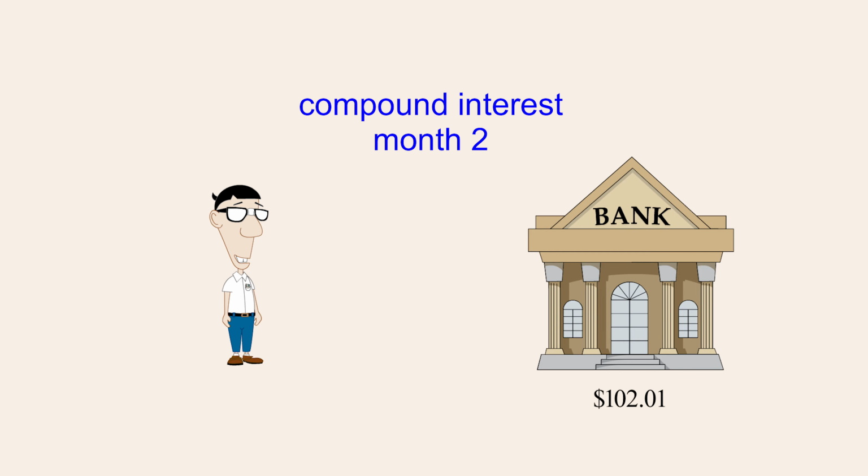Now, the next month, your interest will be calculated on an even larger amount of savings. So in month 3, the interest generated is 1% of $102.01. Each month, the interest generated with compound interest will be slightly larger than the interest generated with simple interest.